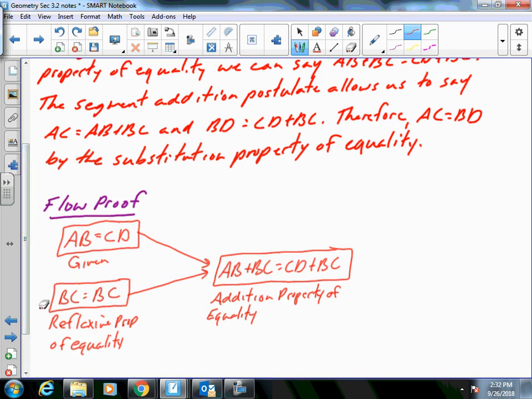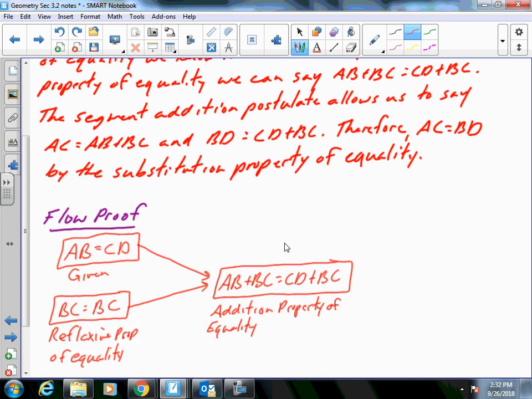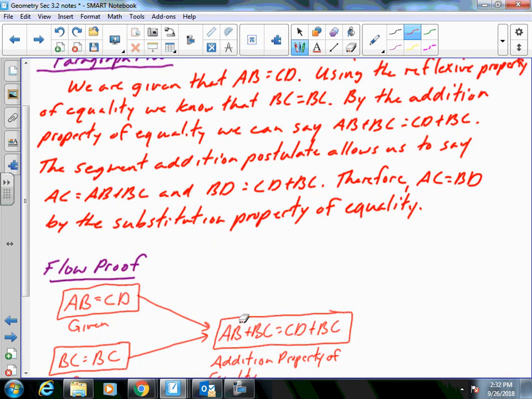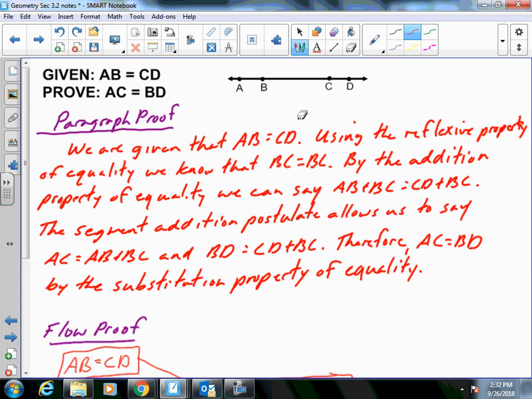All right. So the next thing we did was we used the segment addition postulate to explain what AB plus BC and CD plus BC were, right? Now, when we're using the segment addition postulate, we're not using this equation, we're actually using the picture and the segment addition postulate with the picture to come up with that AC is actually AB and BC added together, and BD is actually BC and CD added together.